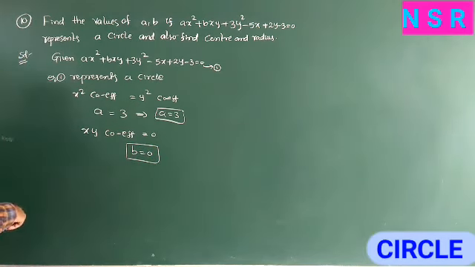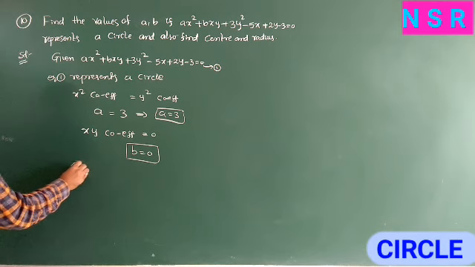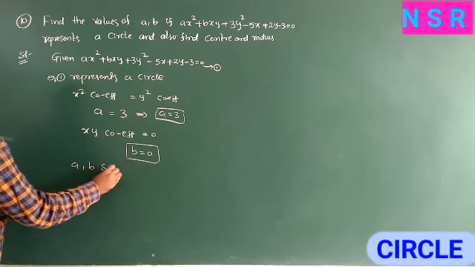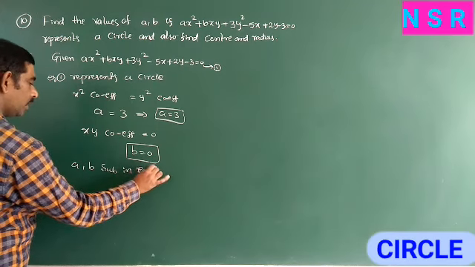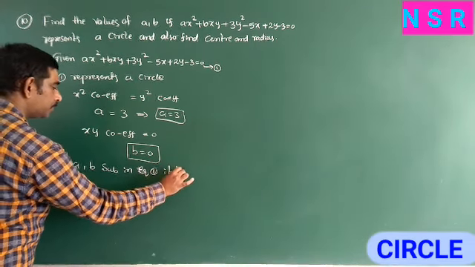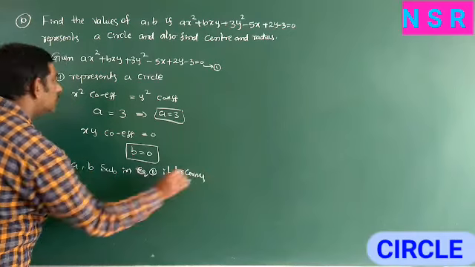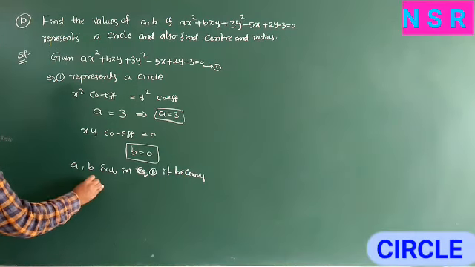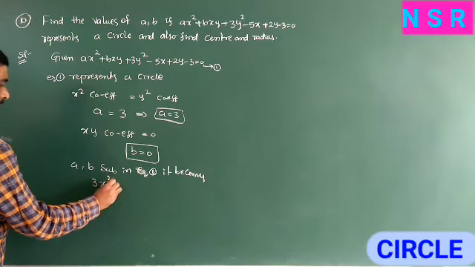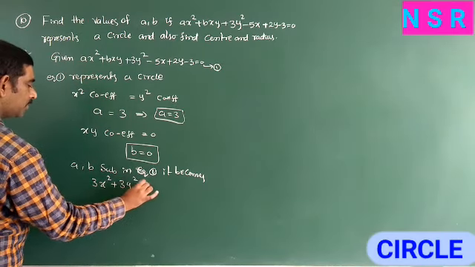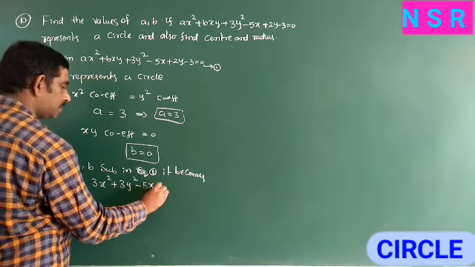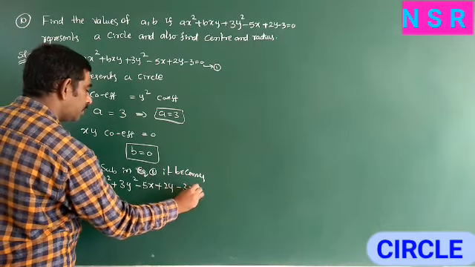a, b values substitute in equation 1. Now equation 1 becomes, so a value 3, 3x square plus 0 into xy, 0, 3y square minus 5x plus 2y minus 3 equal to 0.